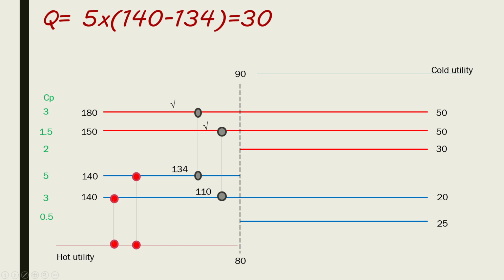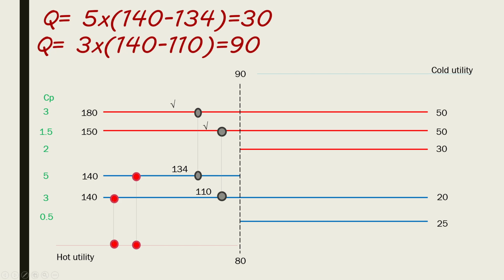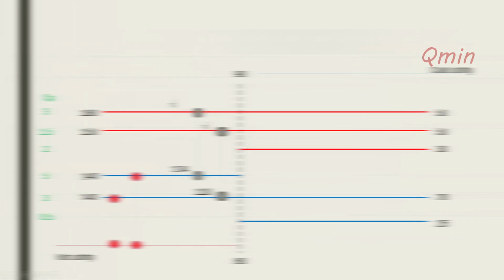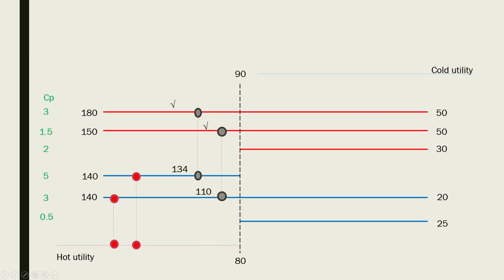For the second cold stream, it's going to be 3 multiplied by 140 minus 110, which gives us 90. By adding these two values, we get the minimum heating loads, which is 120 kilowatt. This is consistent with the value that we have got from the tabulated method.